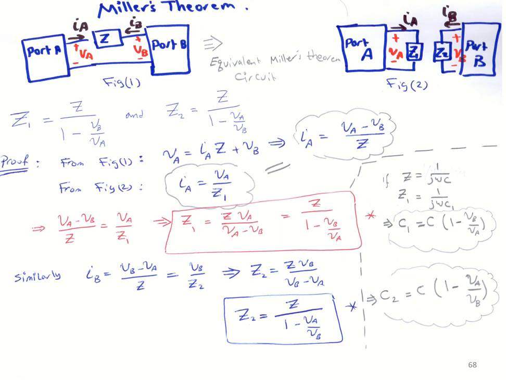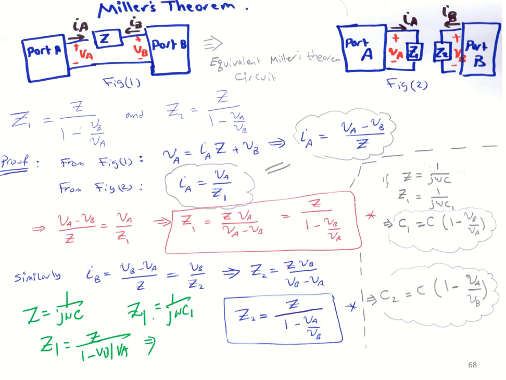Now let's assume that this Z value is for one capacitor, so it will be 1 over j omega C. And let's say this Z1 is also representing a capacitor. What is our Z1? Z1 is Z over 1 minus VB over VA.